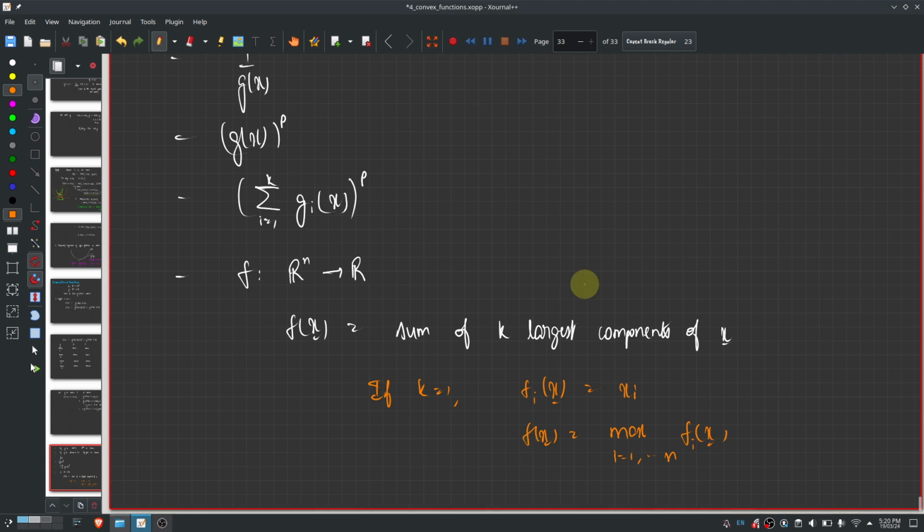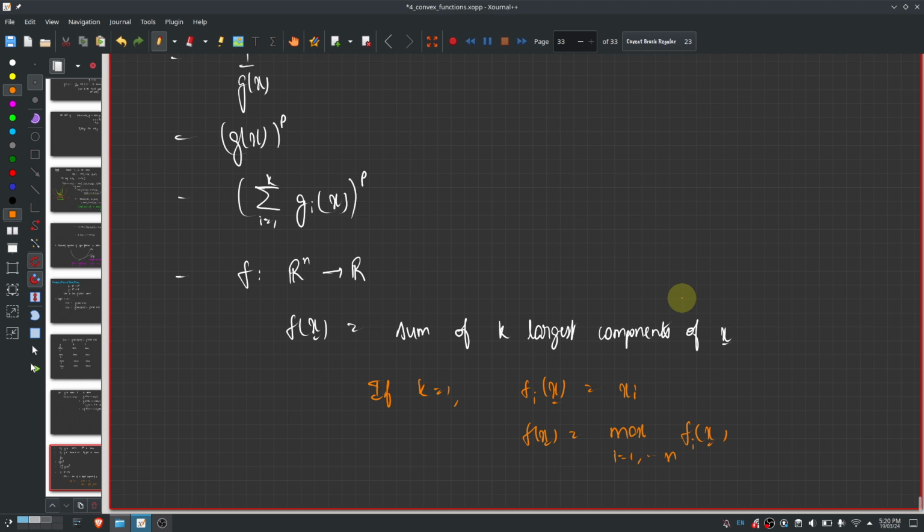But I'm asking for the sum of k largest components of x. But sure, the sum of convex functions is convex. So which functions are you going to look at? So I know that the largest component of x is a convex function.